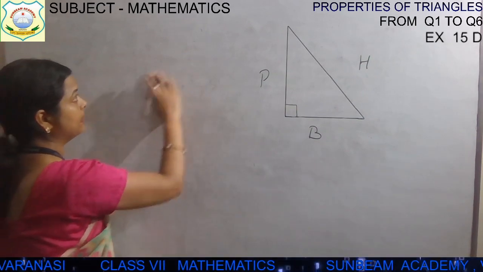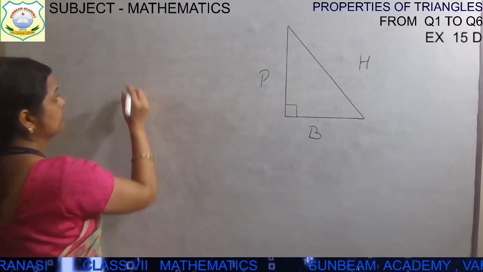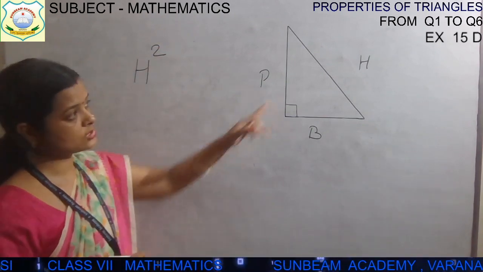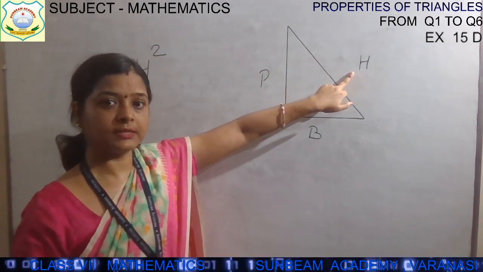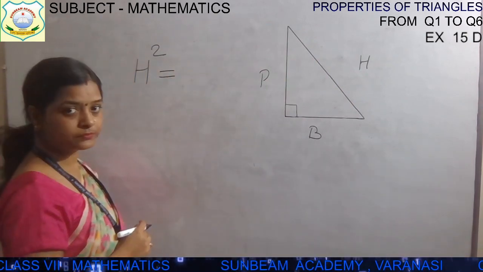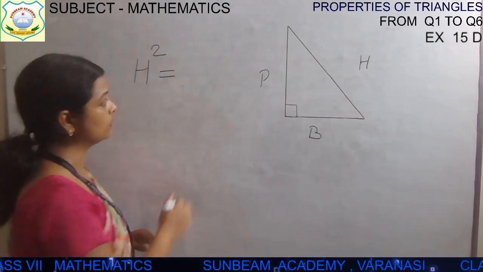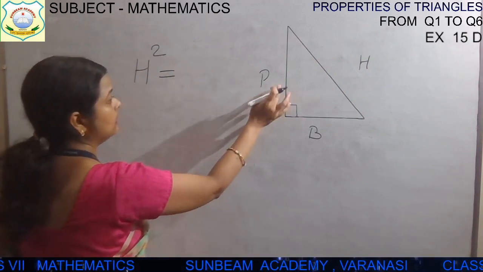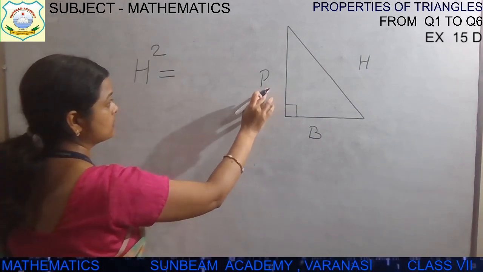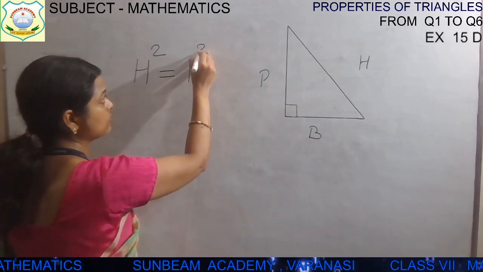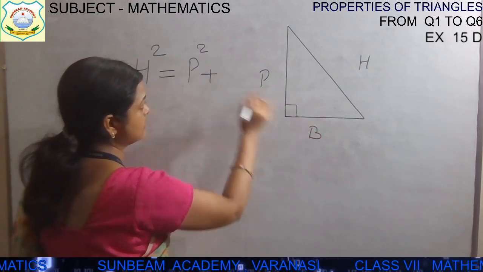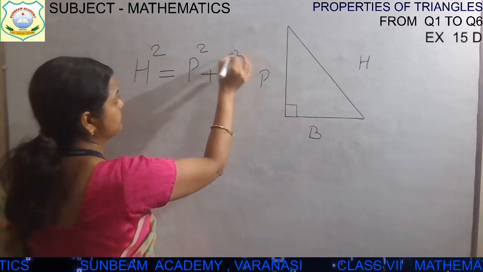Now what does the Pythagoras theorem say, beta? That the hypotenuse square, whatever the value of this hypotenuse, its square will be equal to the squares of the other two sides. This other side is P, so P square plus one more side is the base, that is B, so B square.